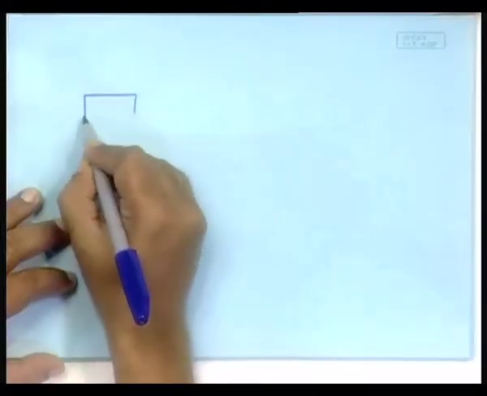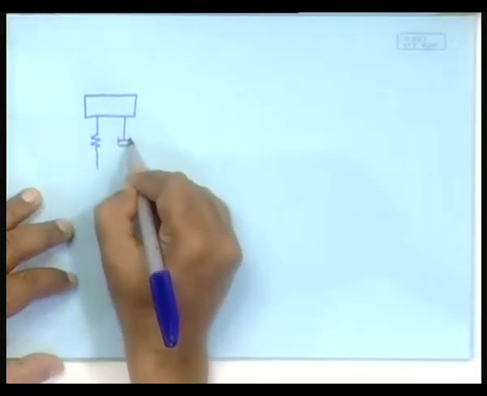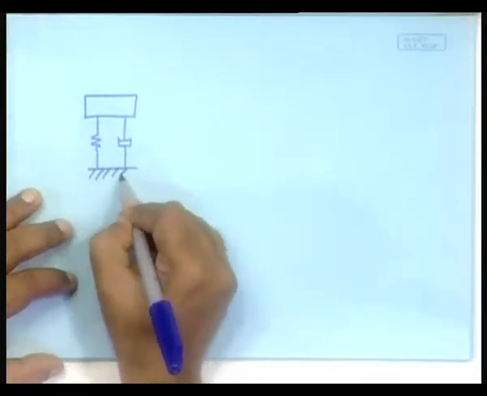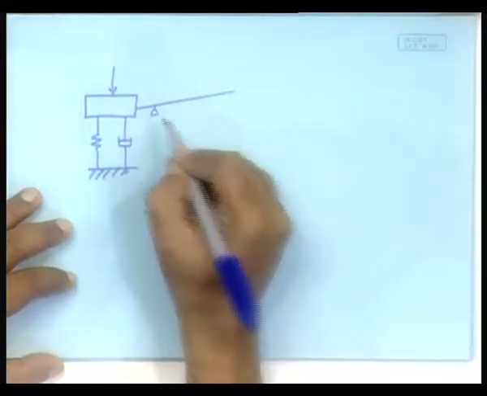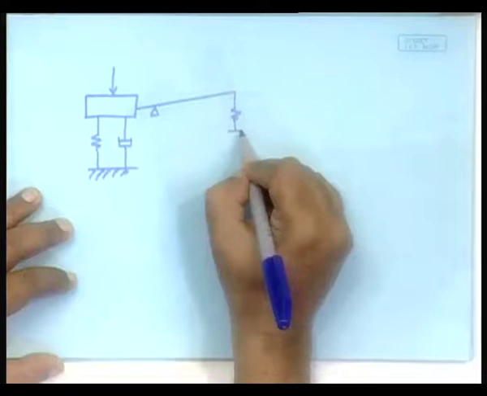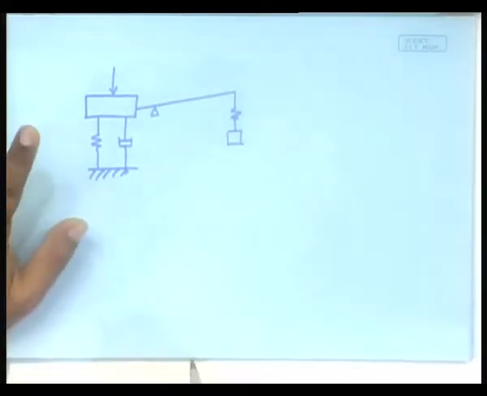Let us start with an example that we have already done, the way we did for electrical circuits. For example, this is something that we already did. Mechanical system with this connected to the ground with some force acting on it. Fine, this is what we did earlier.